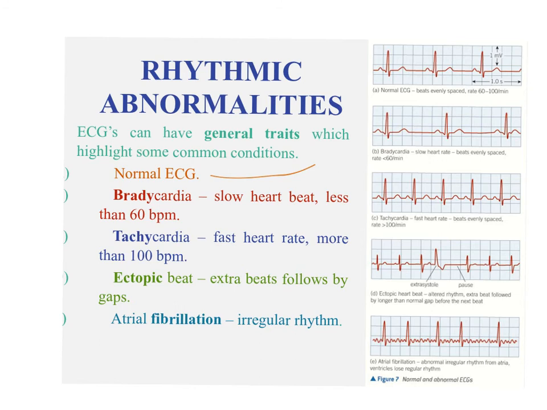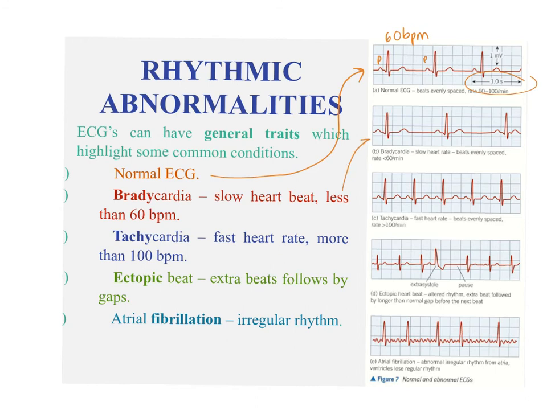So at the top, we have got a normal ECG trace. You can see each heartbeat from P wave to P wave is about a second long, and normally they're quite good in giving you a scale that you can see there. Now, the normal heart rate is about 60 beats per minute, so you would expect to see a beat every second or so.